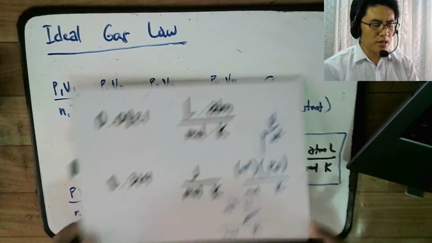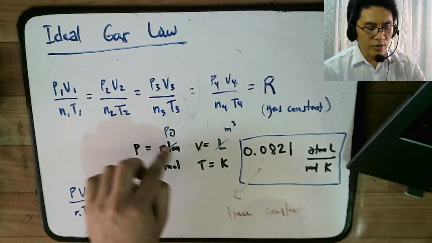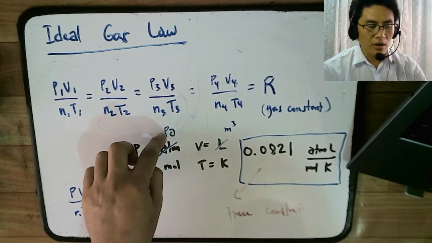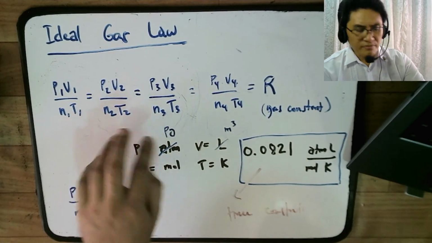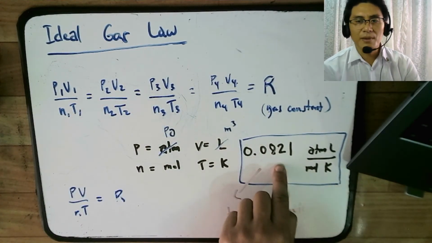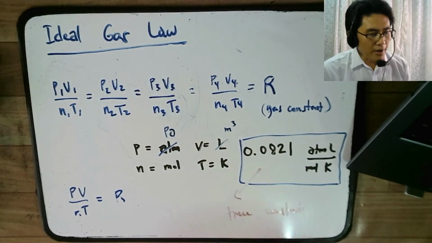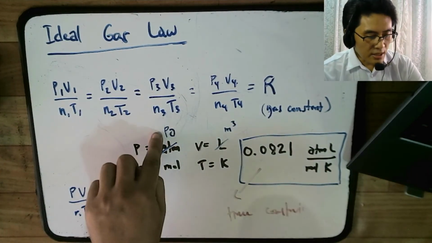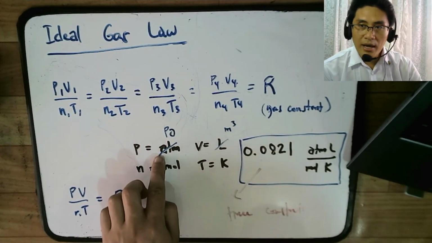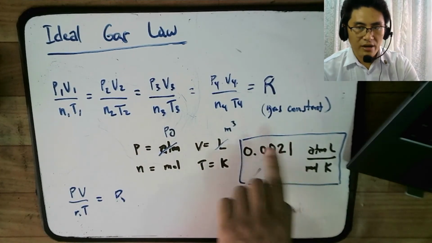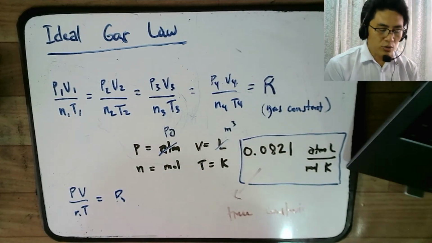If you would not use Pascal or atm, if you would use another unit of pressure, then this whole value changes. But the standard is using atm and liters, which means this is the standard value, which is 0.0821.